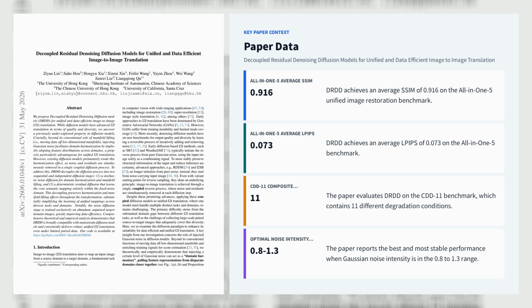It also remains robust under severe data pruning, and the authors show the framework extends to DDPM, DDIM, and SDE-based diffusion backbones, such as IRSDE. The best performance appears when noise intensity is around 0.8 to 1.3, supporting the paper's central claim that controlled noise can be an asset, not just a nuisance.